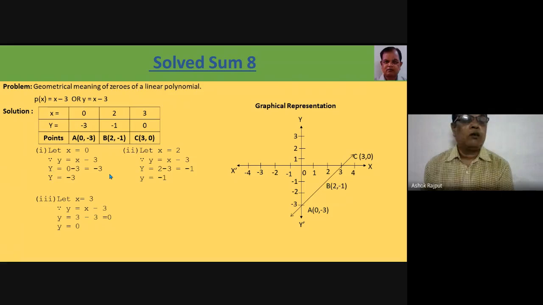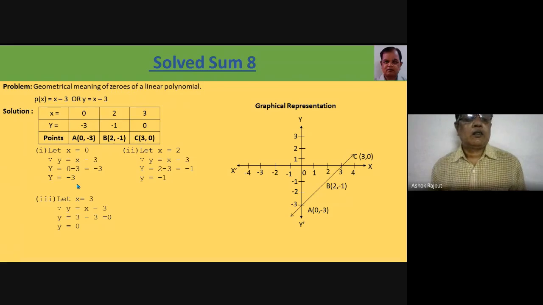Then we get the value of y as minus 3. Next, as we have taken the value of x as 2, we put x as 2, then the difference of 2 and 3 is minus 1. Therefore, the value of y is minus 1 as we have written here.